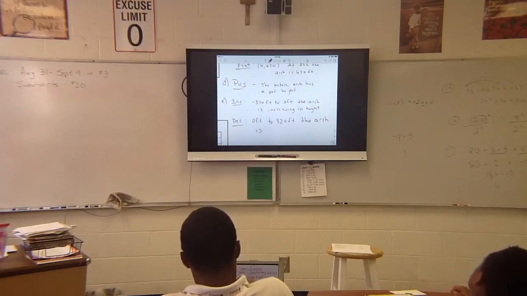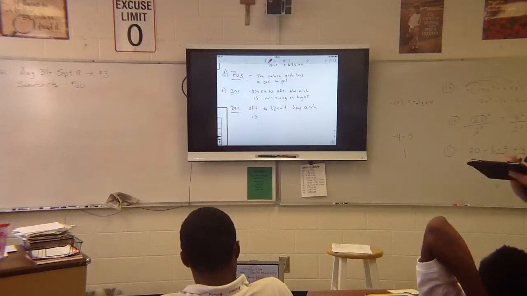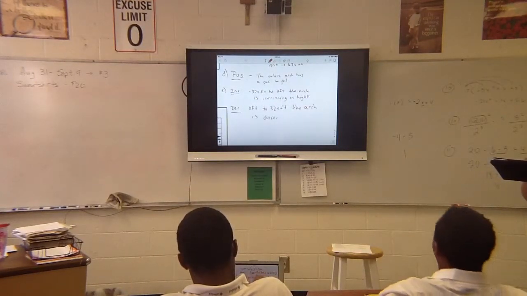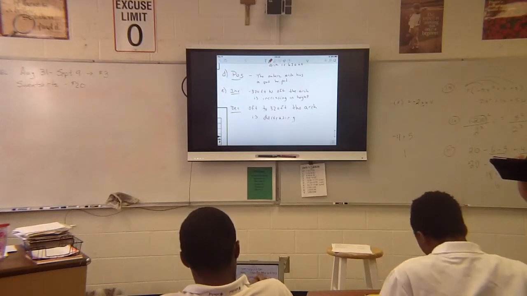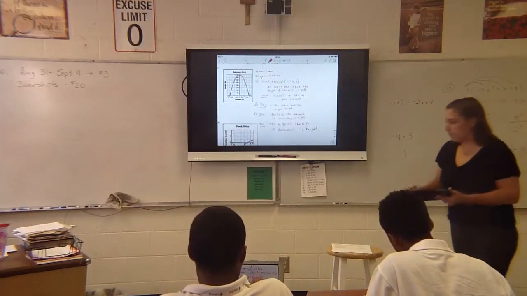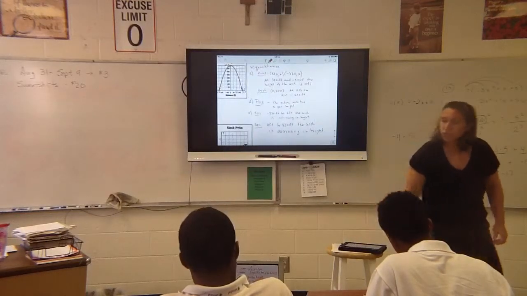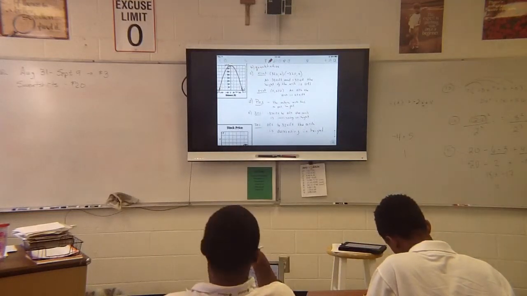From 0 to positive 320, what's happening? It's decreasing. It's coming back down to the ground. It's decreasing in height. All right, so those are the 5 things that we're going to be looking for on your homework tonight.